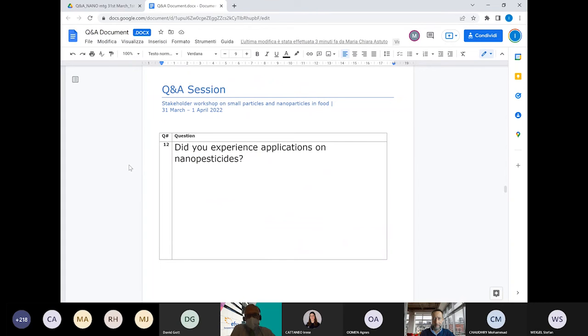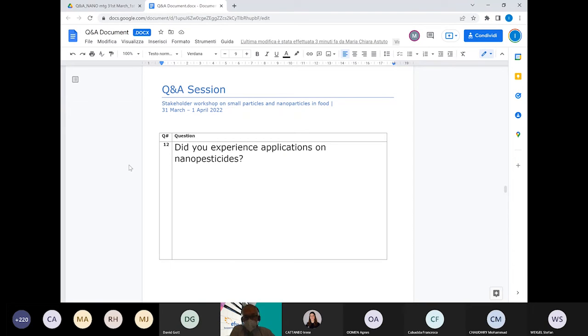If there is experience in application for nanopesticide, this is for EFSA, so I will respond. As you know, in the area of pesticides in general, there are two different assessments, what is called a biphasic system. The active substances are assessed at EFSA level, where we do the peer review for the risk assessment produced by the rapporteur member states, while the formulated products, the plant protection products, are assessed at the national levels in the three zones that have been established in the legislation, North, Central, and South, or a common assessment in some cases.